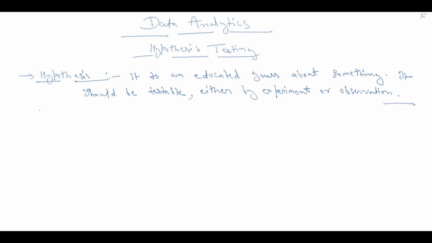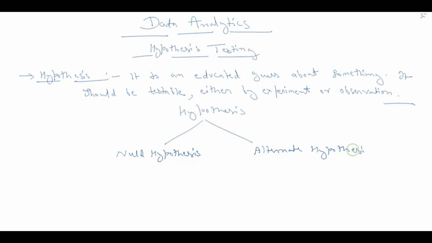So if we talk about the hypothesis, we have two types of hypothesis. Null hypothesis and alternate hypothesis. The null hypothesis is represented by H naught, and alternate hypothesis is represented by HA or H1.